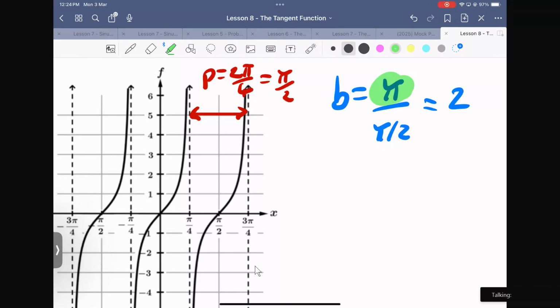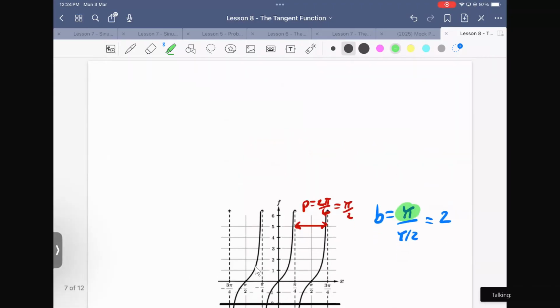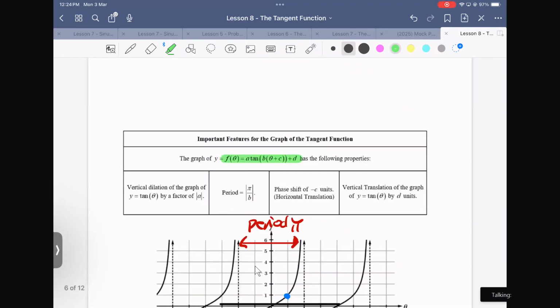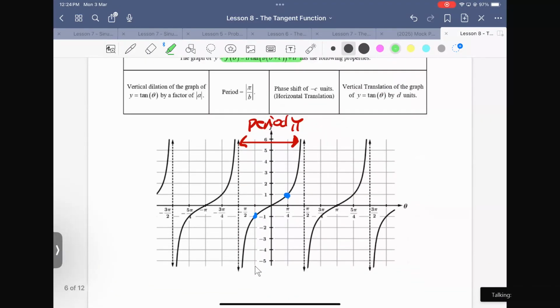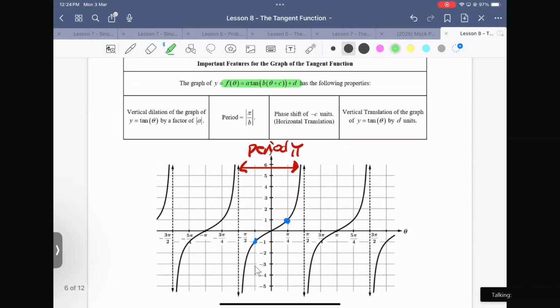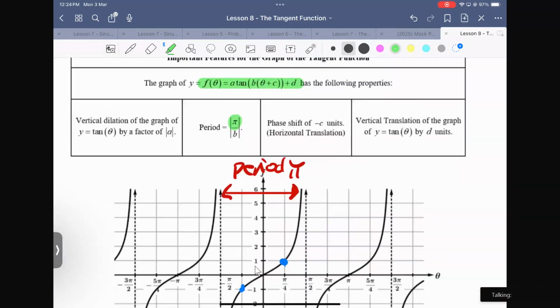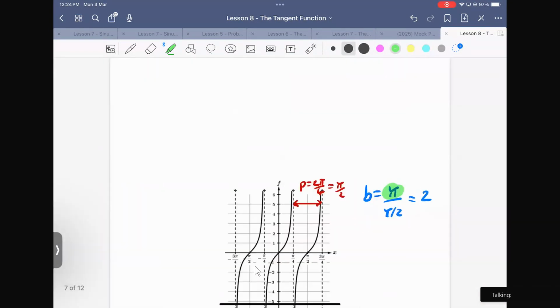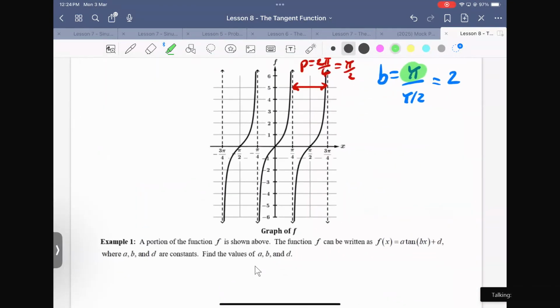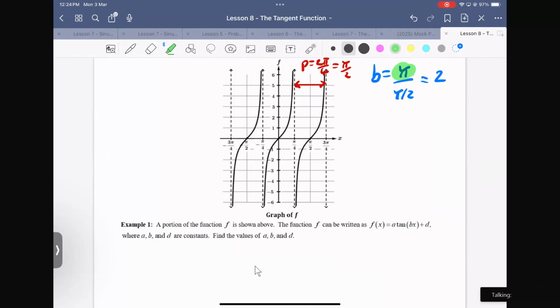Normally it's 2 pi divided by b for the sine and the cosine ones. But because the period of the original function here is less, we are not dividing 2 pi by b. We're dividing pi by b. That's one of the tricky things to remember for this one. So b is equal to 2.